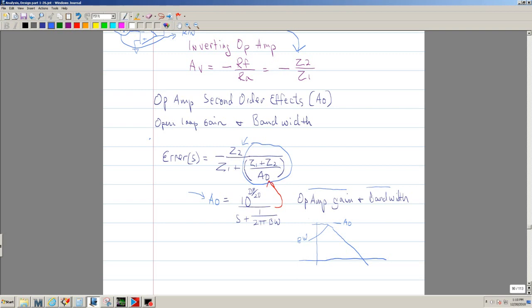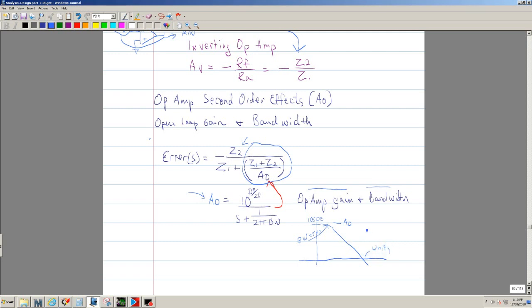This typically would be maybe 105 dB, that's what I'm using, and I'm using a bandwidth of 5 Hertz. Where it crosses 0, that's usually called unity gain.